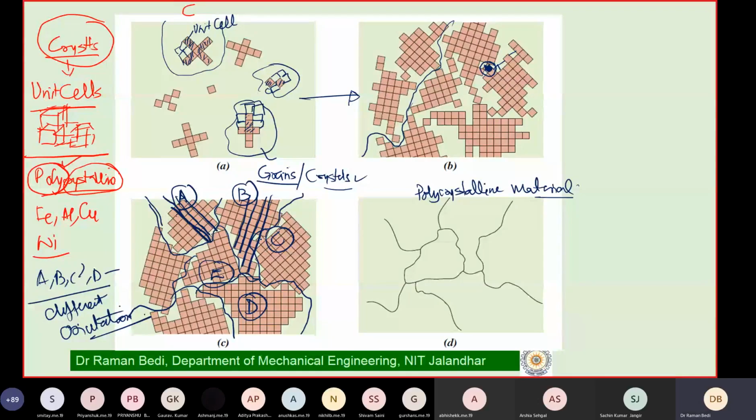And what happens because of this: when I talked about unit cells, we said that you have certain close packed directions. We introduced that because of this close packing, if it is the FCC one, this happens to be the close pack direction. Similarly, this will be the close pack direction. These are the close pack directions in FCC.